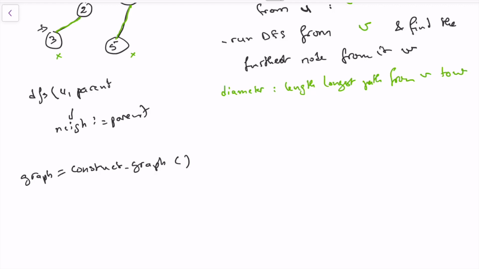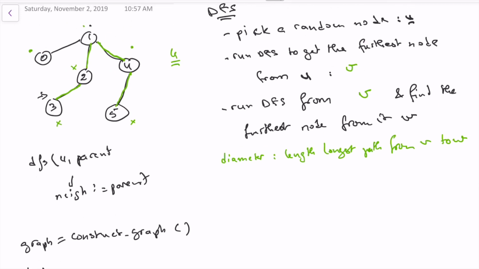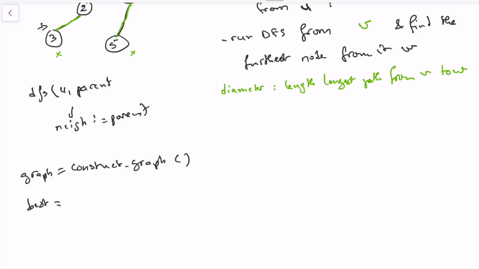First, we need some kind of best variable to keep track of the best solution, to know which node is the furthest. The first element will represent the length of the path, and the other element would be the last node in that path.